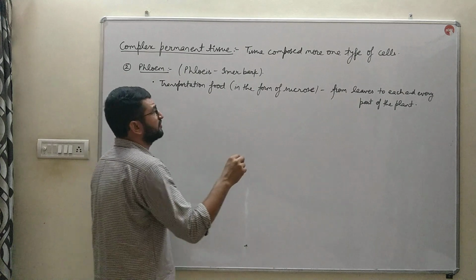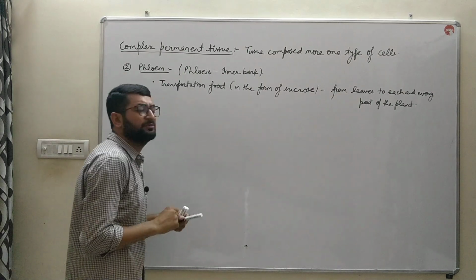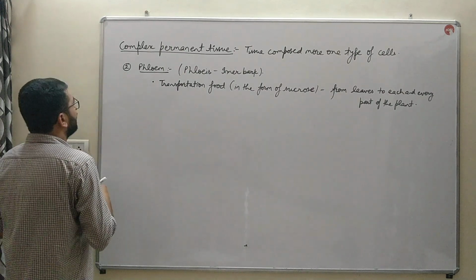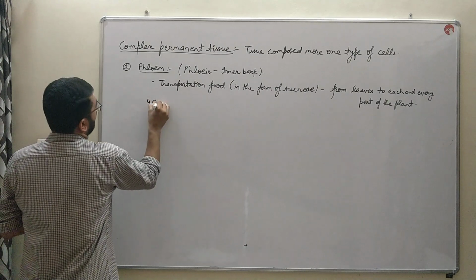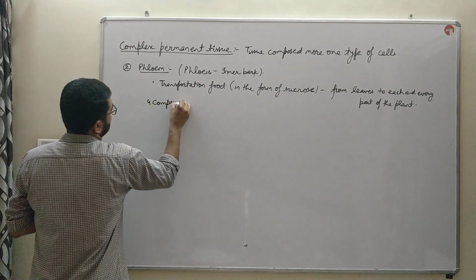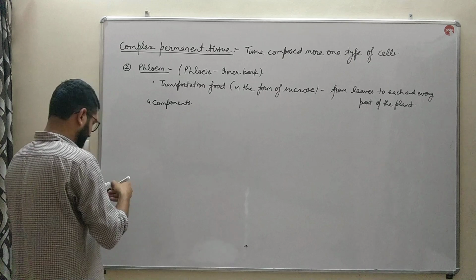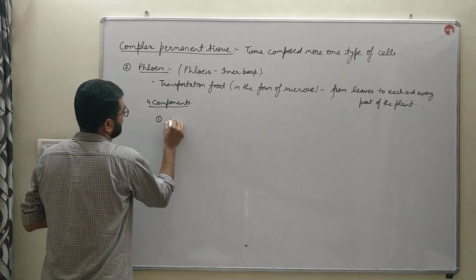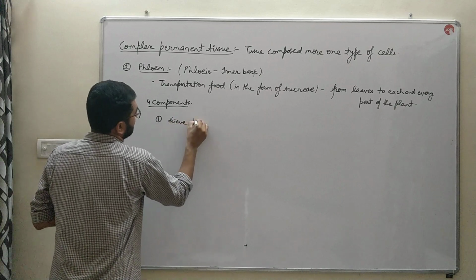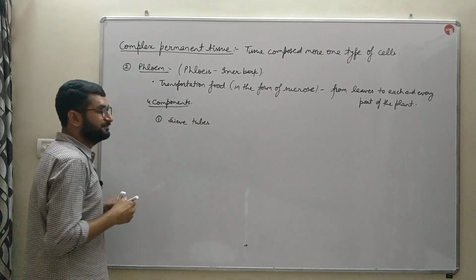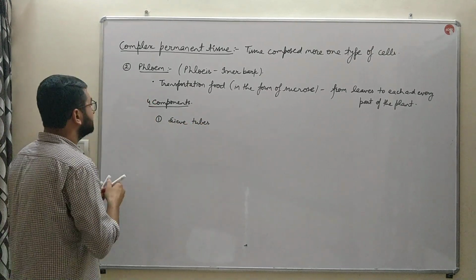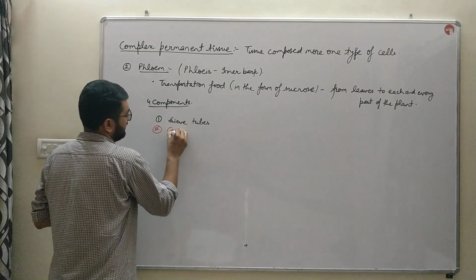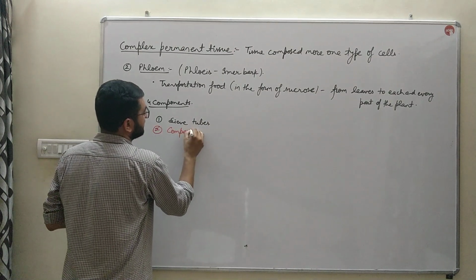So that food is transported by the help of phloem tissue. Phloem also has 4 components. The first one is sieve tubes. The second one is companion cells.